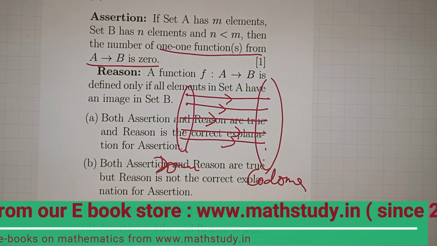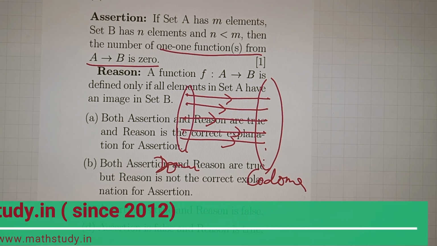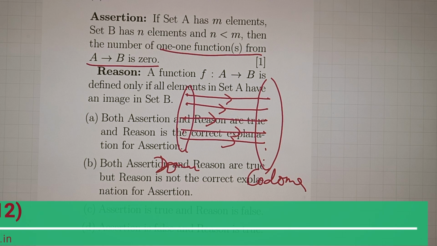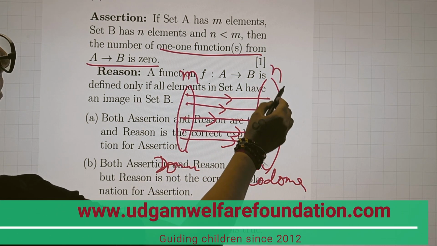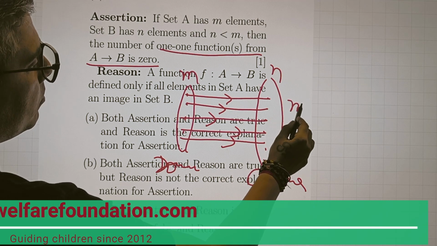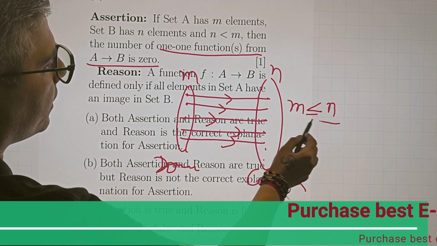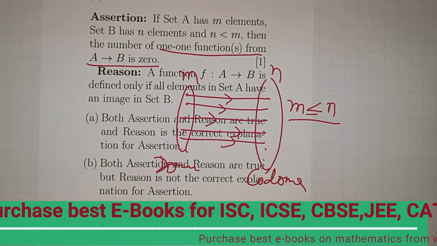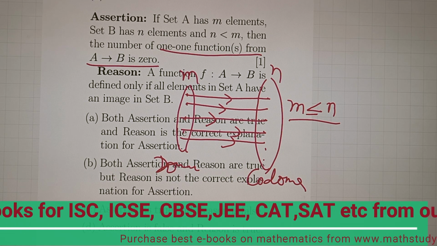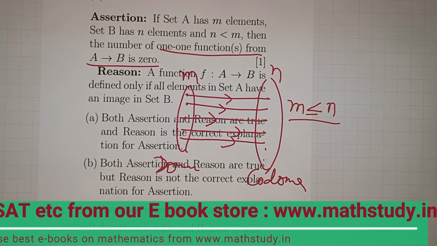So which implies that if the domain has m elements and the codomain has n elements, then m should be less than or equal to n. Then only injectivity may happen, that means a one-one function may happen. Otherwise it will not happen here.